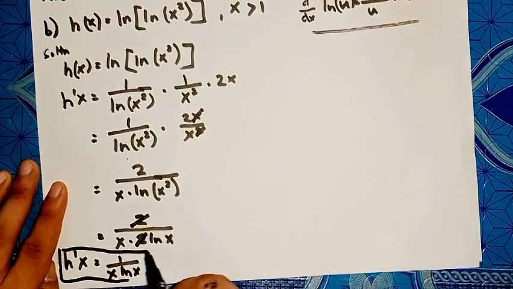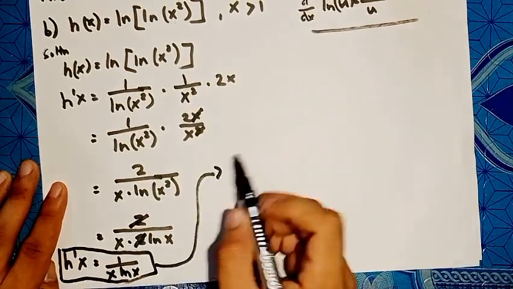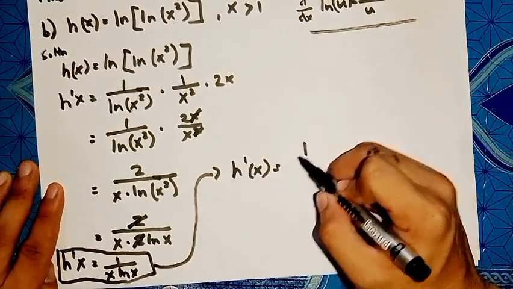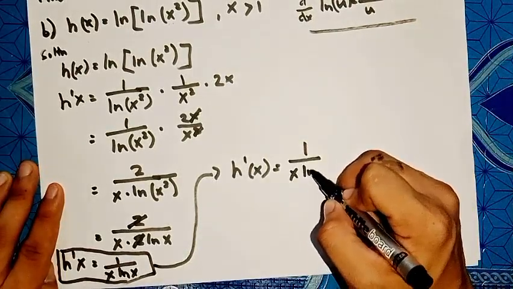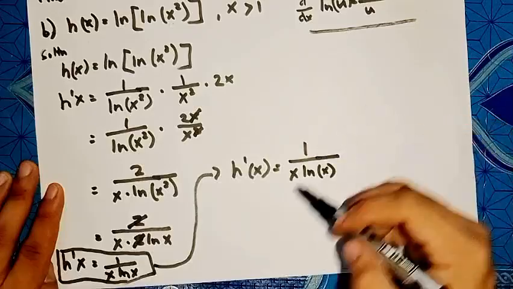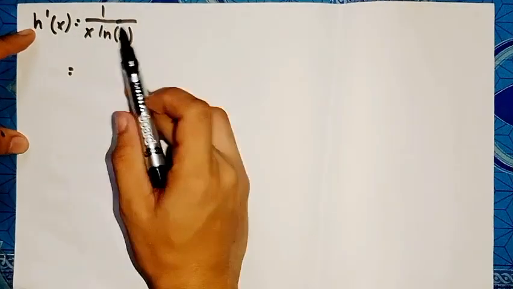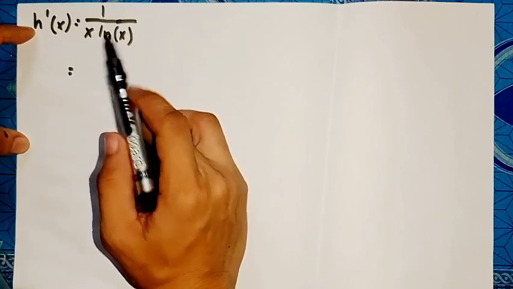This is now our first derivative. Again, our first derivative is h prime of x equal to 1 over x ln x. Now, to find the second derivative, as you can notice, we can apply the quotient rule.